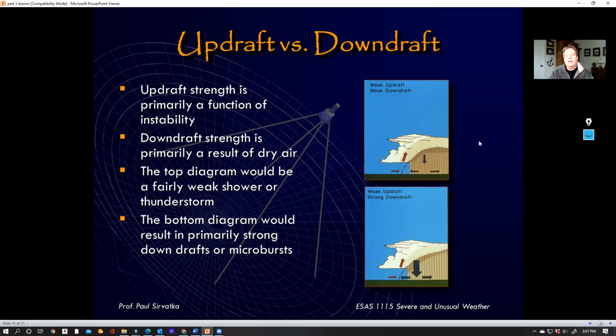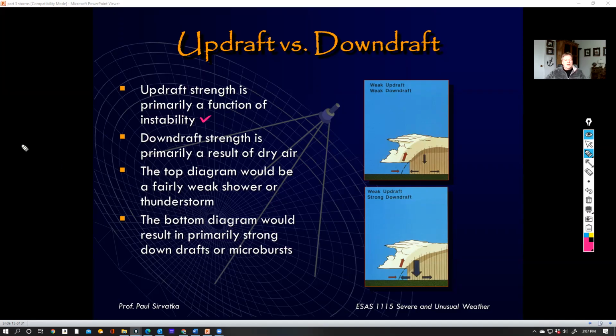Now, when we talk about updrafts and downdrafts, and we are looking at how we determine this, remember that the updraft is a function primarily of how unstable the air is. The more unstable, the stronger the updraft. So if we have weak updrafts, we don't have that much instability.